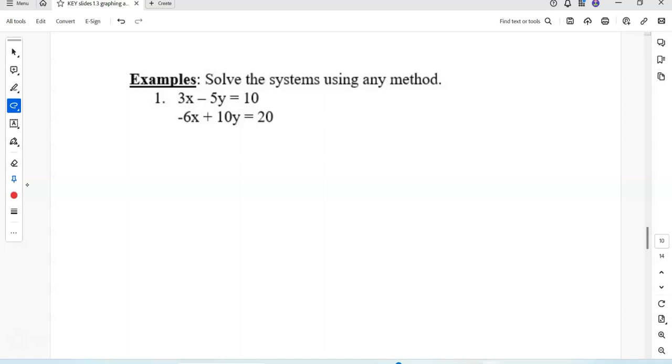Well, in order to eliminate the x's, what can I multiply to 3 to make it a 6? If you said 2, you'd be right. I want to make that x a 6x. Okay, like so. My bottom equation, I don't need to do anything to it because I already have the negative 6x. And this is what I end up getting.